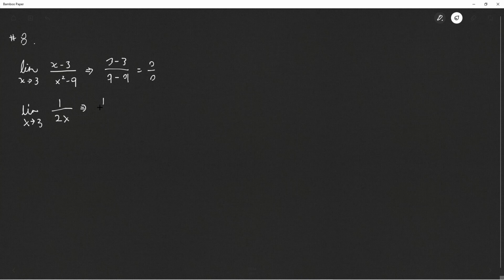So this will just become 1 divided by 2 multiplied by 3, which is 1 divided by 6. So the limit as x approaches 3 of x minus 3 divided by x squared minus 9 is 1/6.